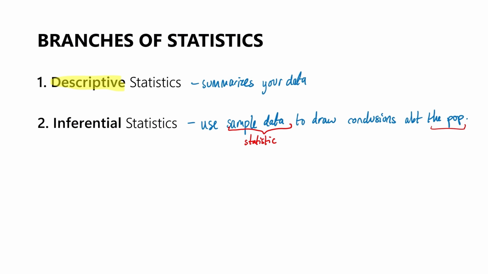Or in other words, using what we currently know about a small group to learn something about the big group or the whole population. Now there are actually two ways to make inferences, and I'll explain these shortly.